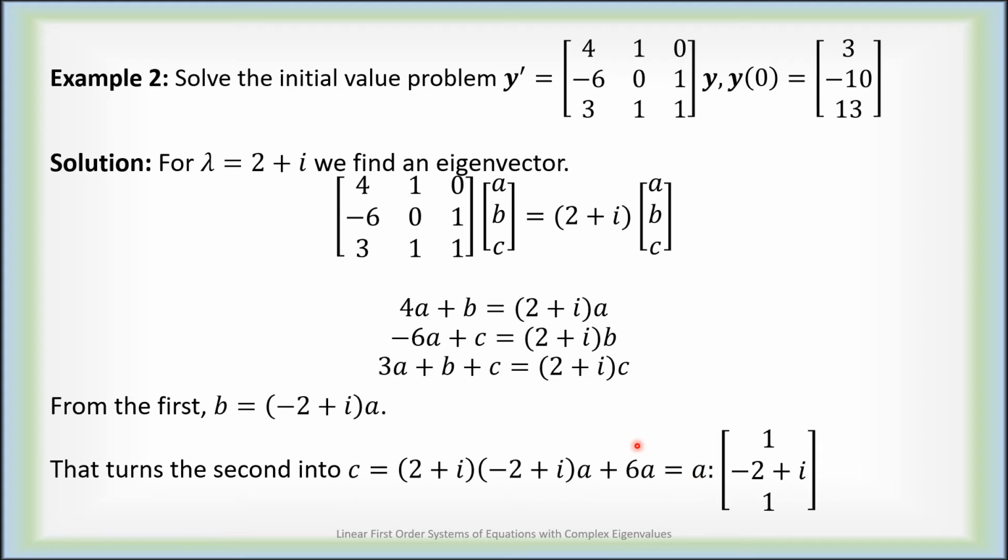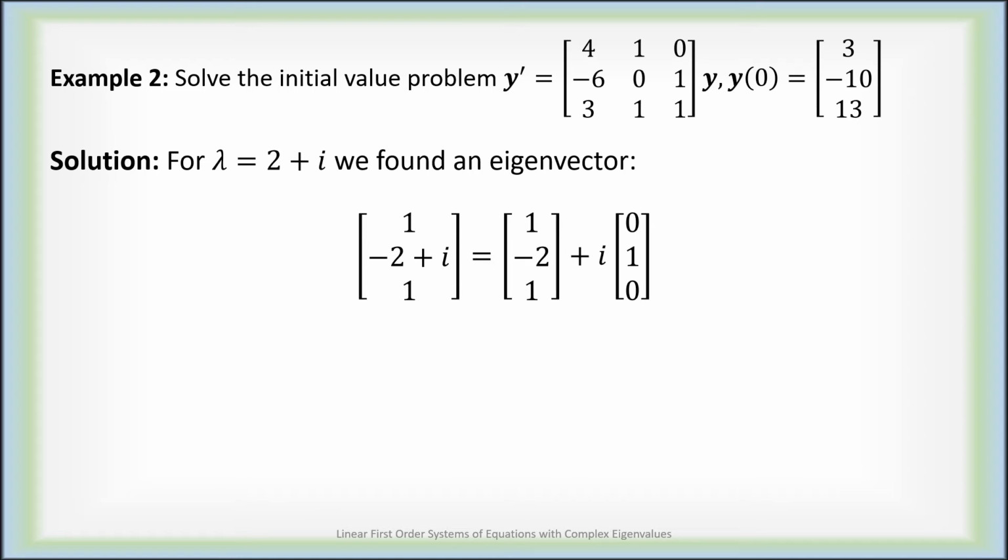The entire complex part of this expression actually completely vanishes. So c must equal a. Meanwhile, b must equal negative 2 plus i times a. So if we set a equal to 1, then c is equal to a, also 1, and b is negative 2 plus i times a, and there it is. So we have found an eigenvector for the complex eigenvalue of 2 plus i.